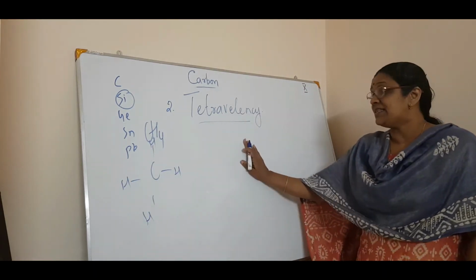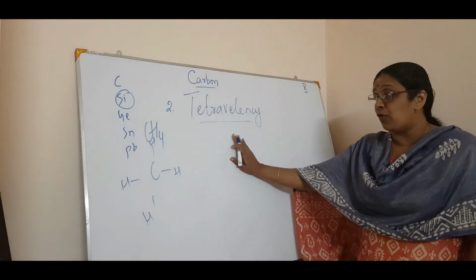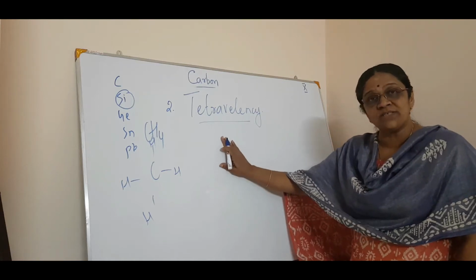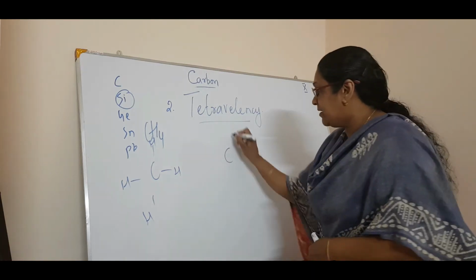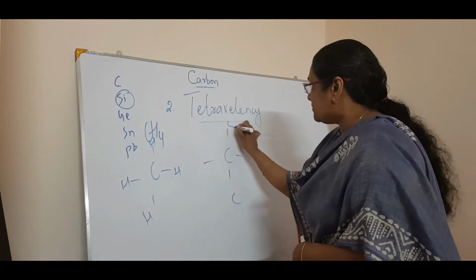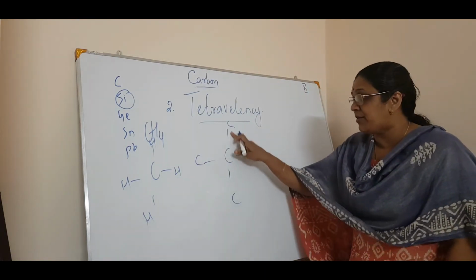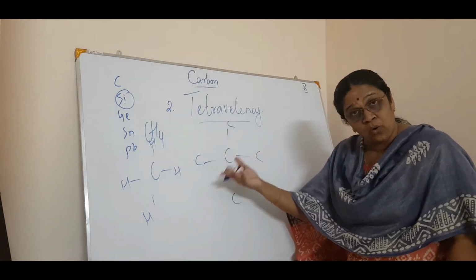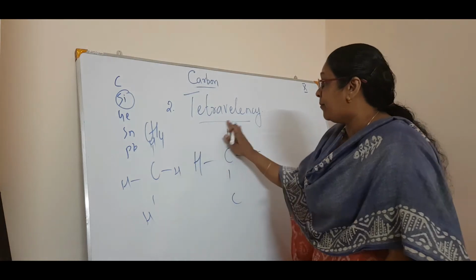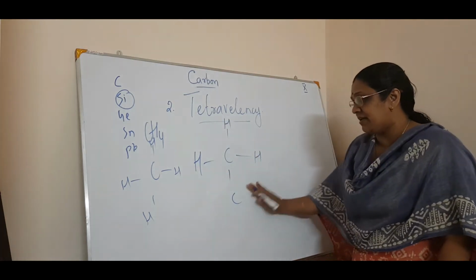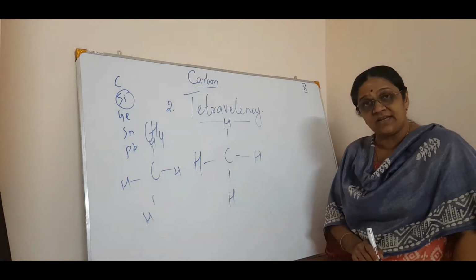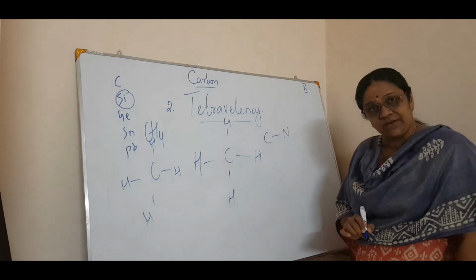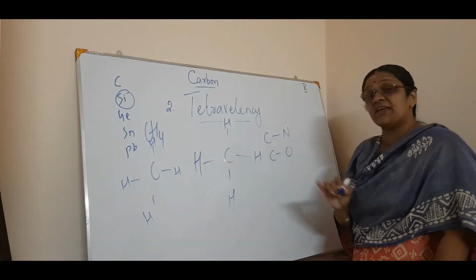Tetravalency means the carbon has 4 valence, or the carbon can make 4 covalent bonds either with carbon atoms, where one bond is C-C, again a carbon atom, again a carbon atom, or with other atoms like hydrogen, nitrogen, or oxygen.